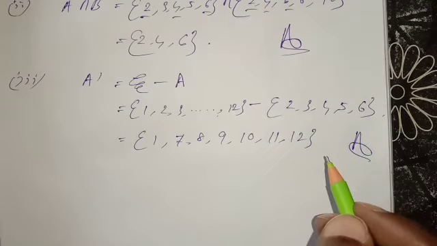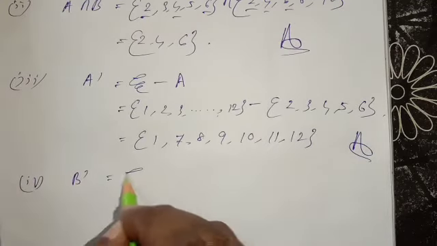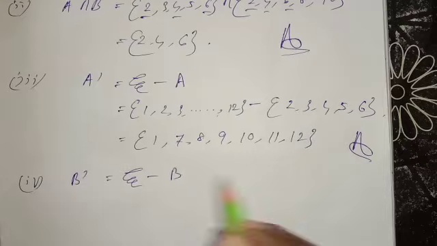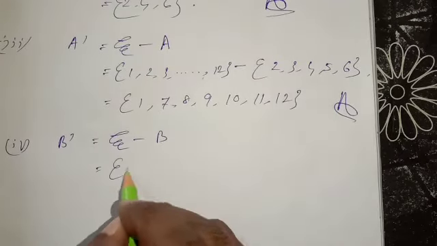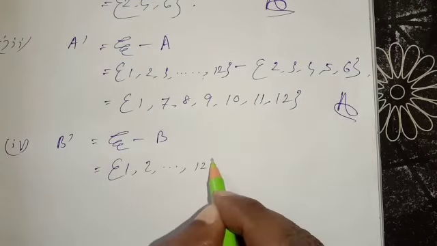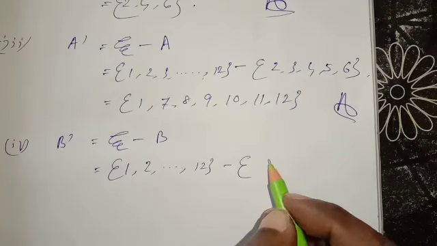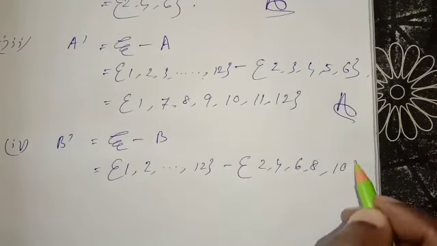Next, fourth part, you have to find B complement. B complement means universal set minus B set. The universal set is 1 to 12. Minus B set, which is all even numbers 2, 4, 6, 8, 10. Now omit these.